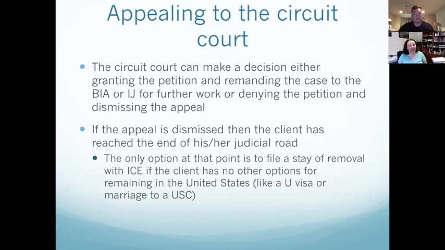The only option at that point is to file a stay of removal with ICE, or if they have any applications pending, like a U visa, or they're married to a U.S. citizen. Otherwise, you kind of have run out of options. So that becomes a time when, if they haven't filed it already, you may have an option of filing something called a motion to reopen.